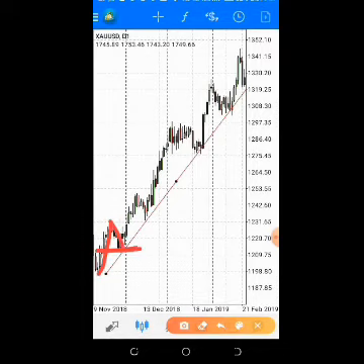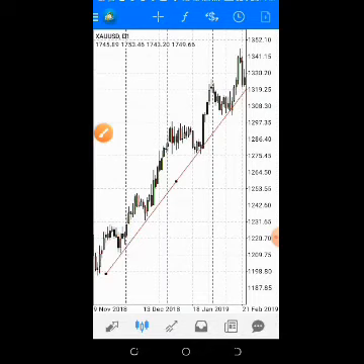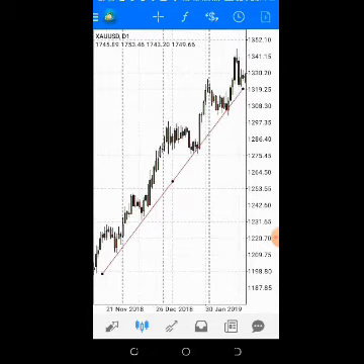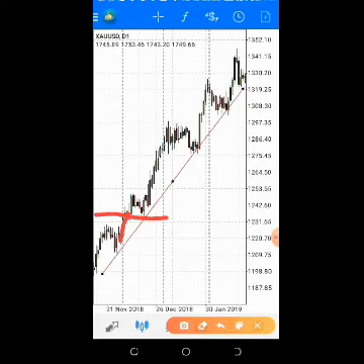When it broke it, it retested the resistance, which changed to support, and it moves upward. Now while it is going up from this point, it reached a particular resistance. It broke the resistance, and then it changes into a support level, and then it pushes upward.